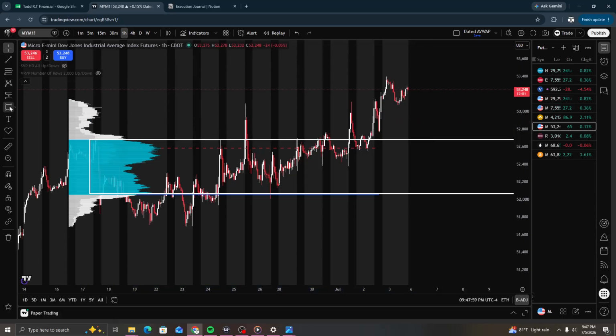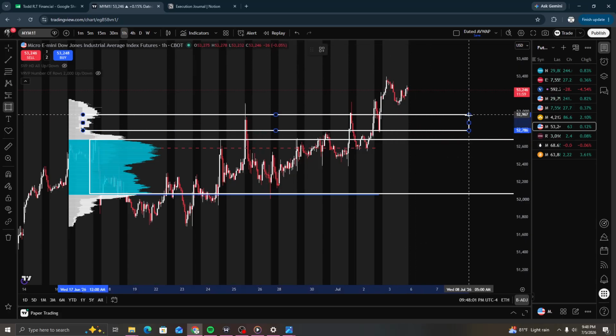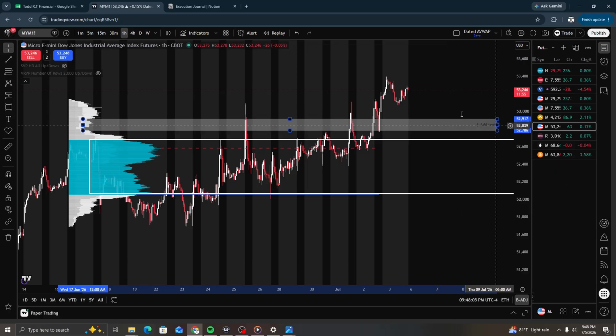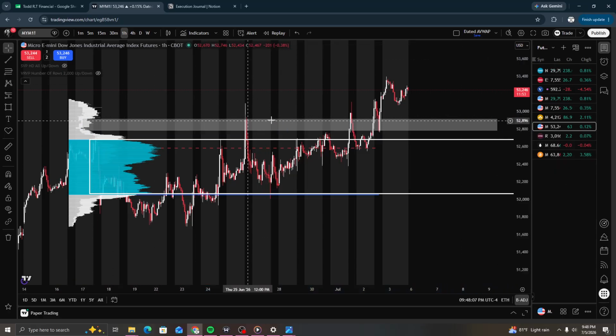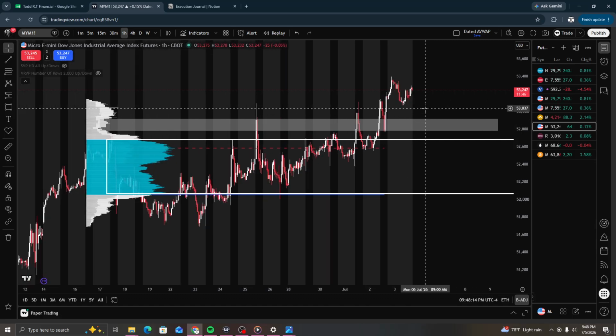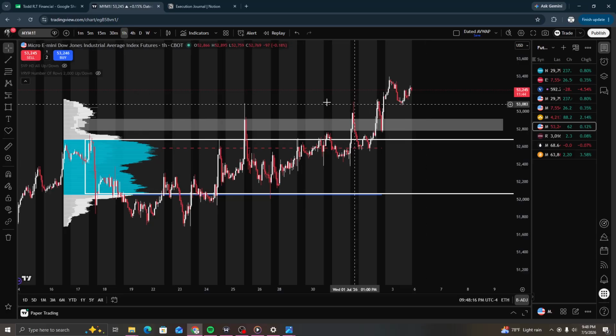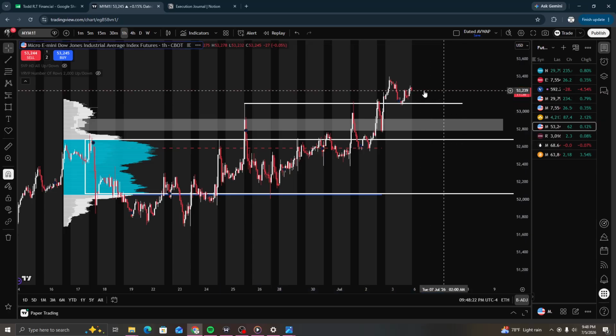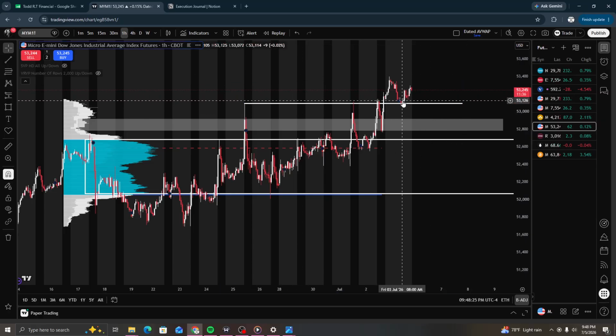I mean, we would. This isn't really a low volume node. There's a lot of stuff holding the Dow up. What are most people going to do? They're going to look at this break and retest as a hold.